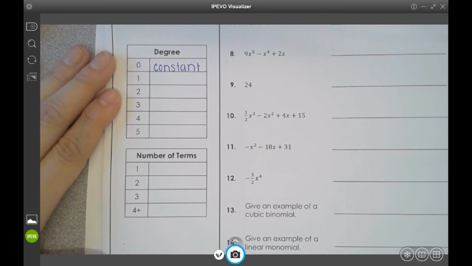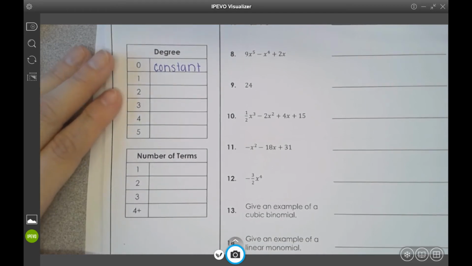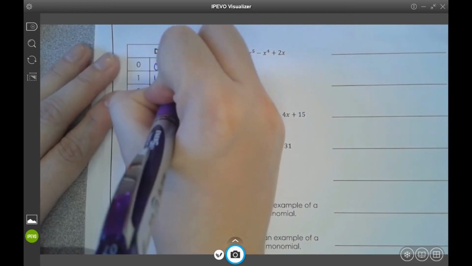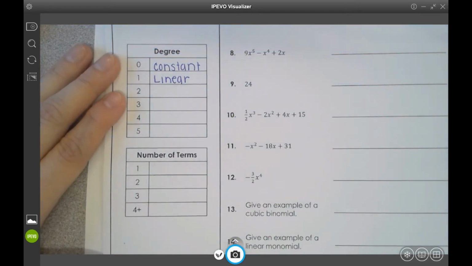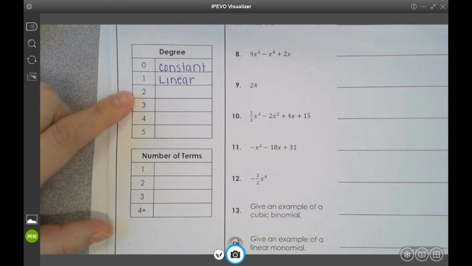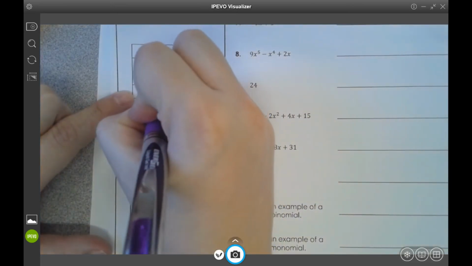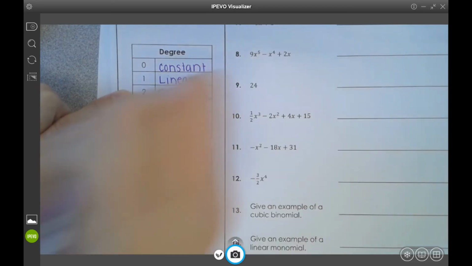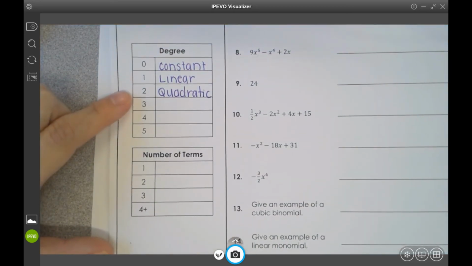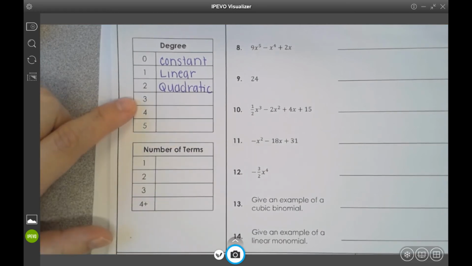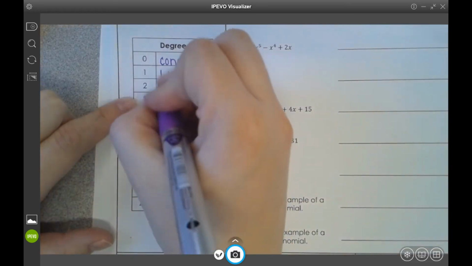If the degree is 1, so your largest exponent is 1, we say that is linear. If the degree is 2, this is all what Unit 5 was about, we call it a quadratic. If the degree is 3, we call it cubic.